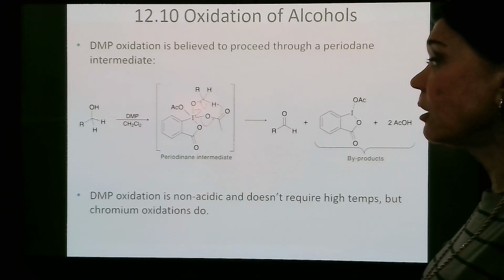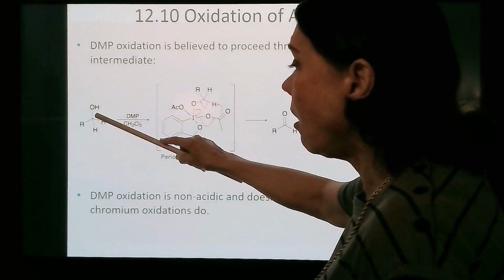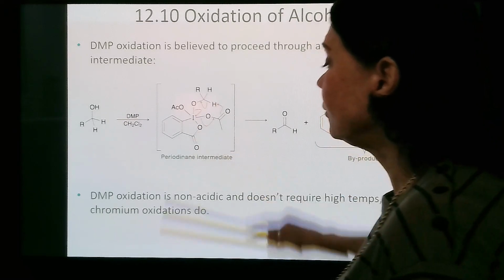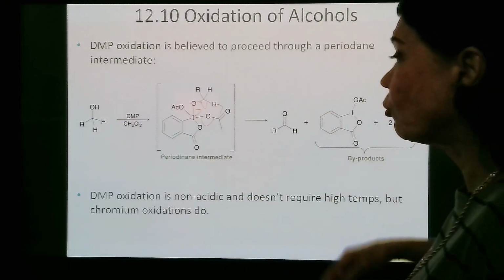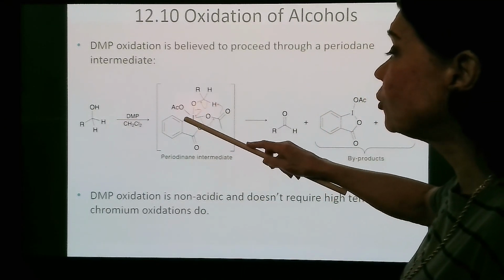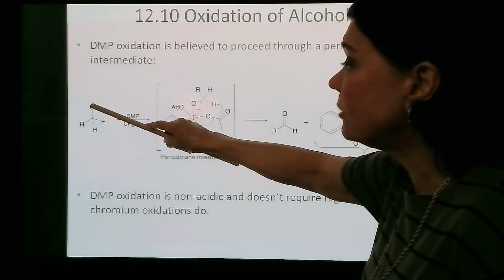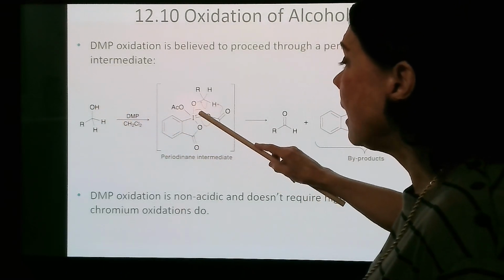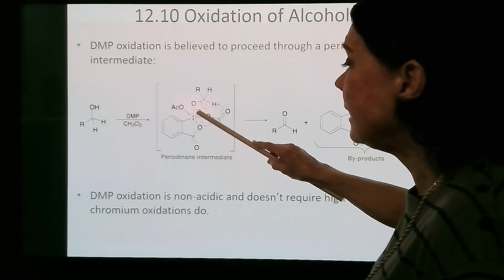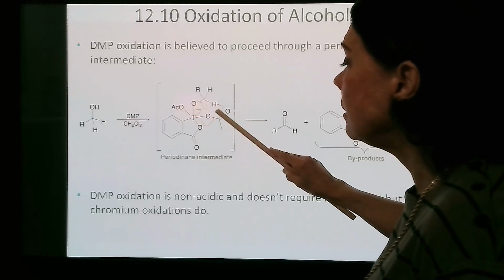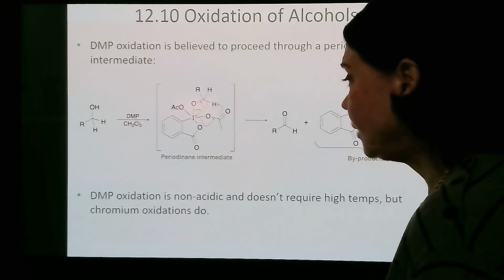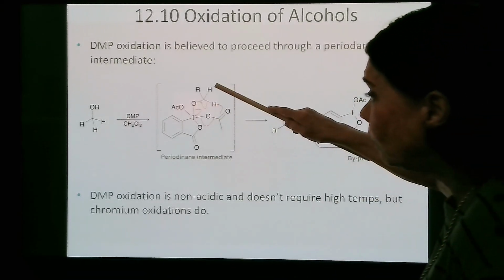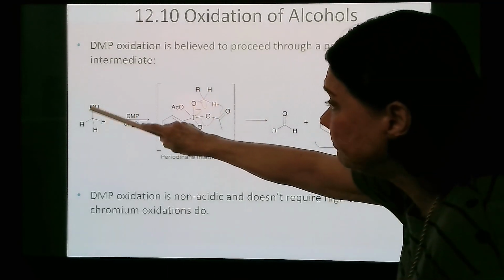What happens first is you have the alcohol in the presence of the DMP, and here you can see it reacting. The first thing that happens is the oxygen of the alcohol comes in and bonds to iodine. And notice you have 2 acetate groups on here now, along with the alcohol.